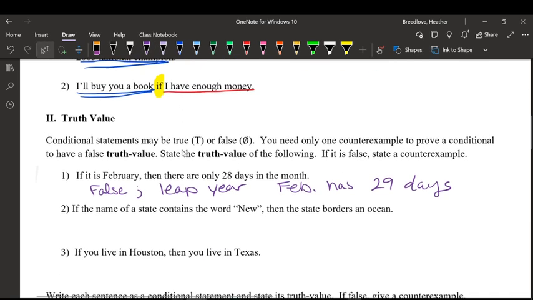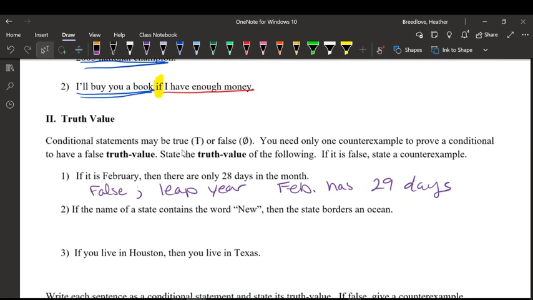Okay, so if the name of a state contains the word new, then the state borders an ocean. What is a way we could disprove this? California. But the state has to contain the word new. New Mexico. Yeah, New Mexico. But you are the third person who said California today.